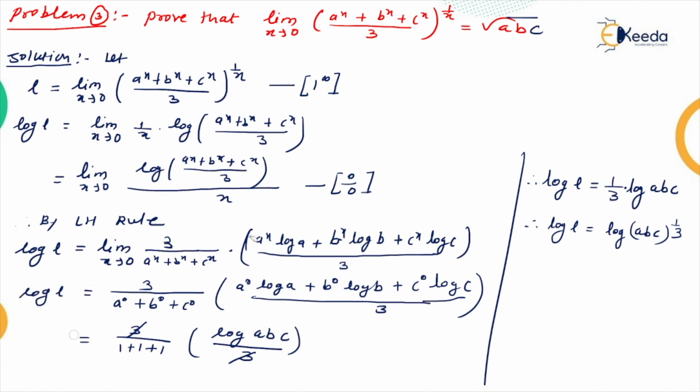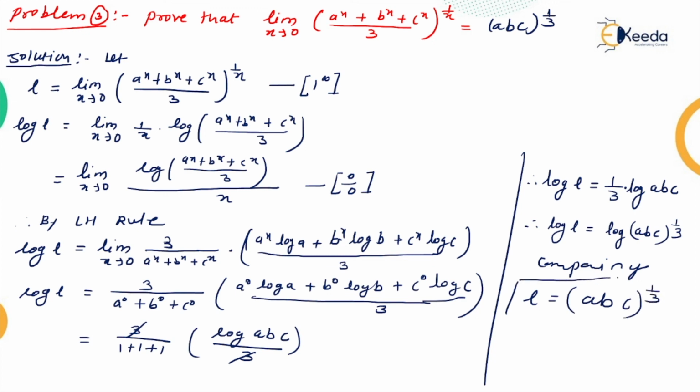So comparing, L is equal to (abc) raised to the power 1 divided by 3. You observe the RHS of the question and you get the LHS is also the same, and hence the proof.